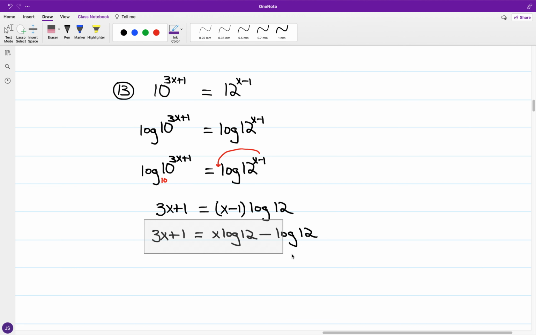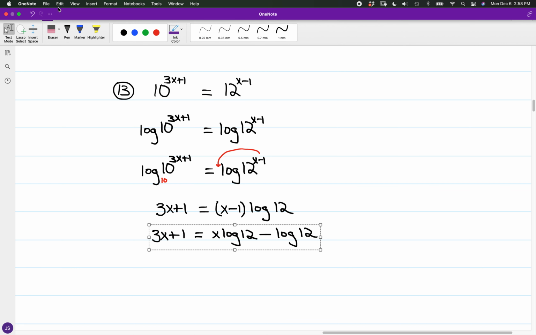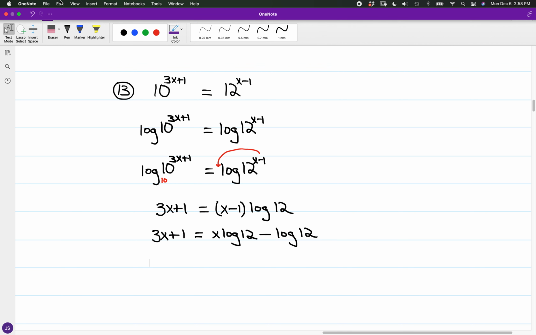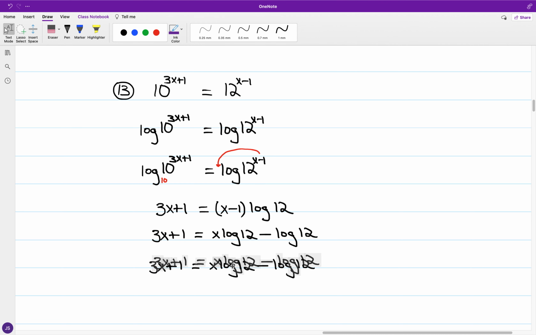Okay, and we have sets of like terms on opposite sides. The x terms are apart from each other, and I can put those together. So I can move x times the base 10 log of 12. I can also move the 1 over and just have the variable terms on the left, everything else on the right.